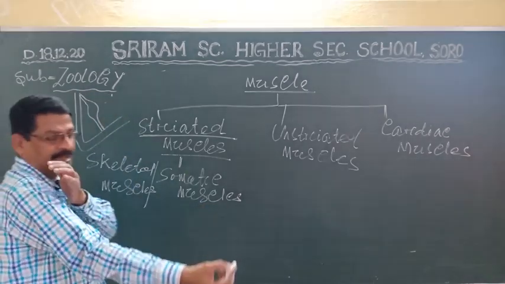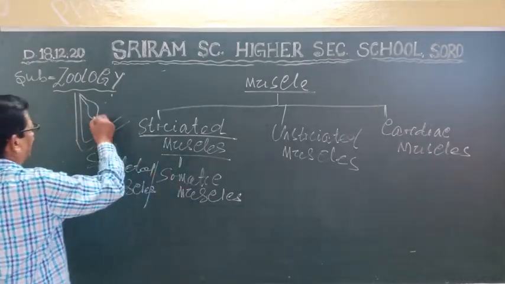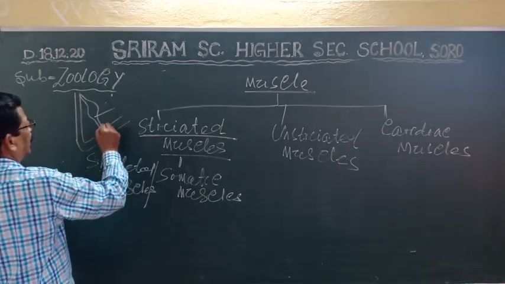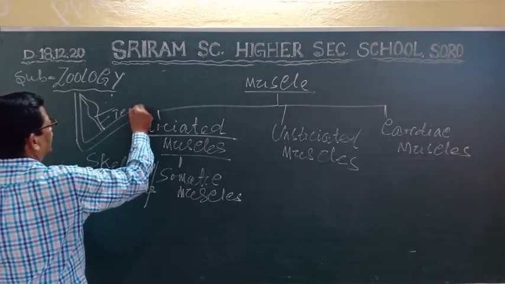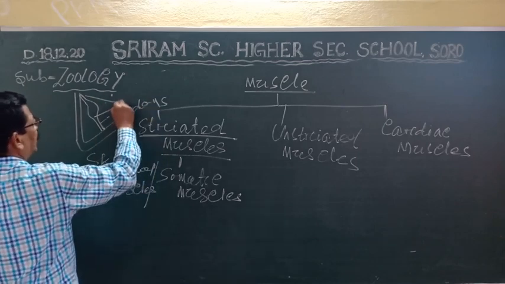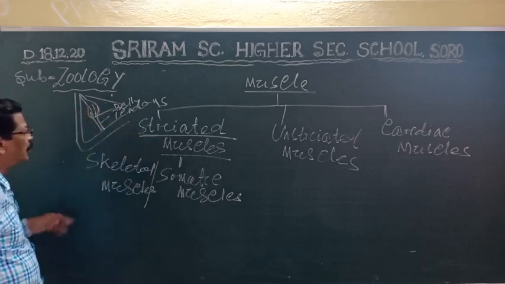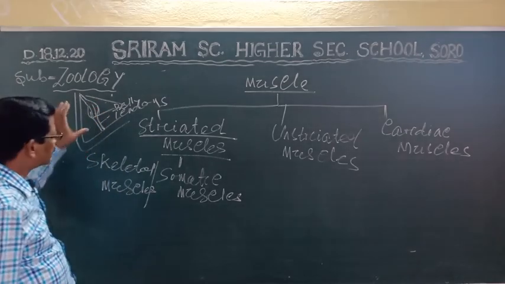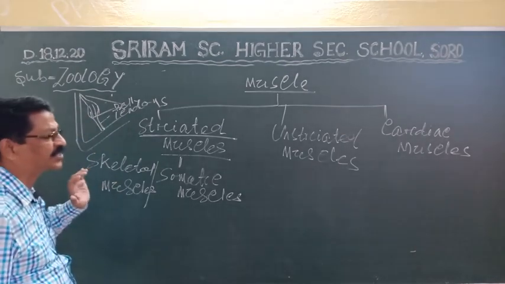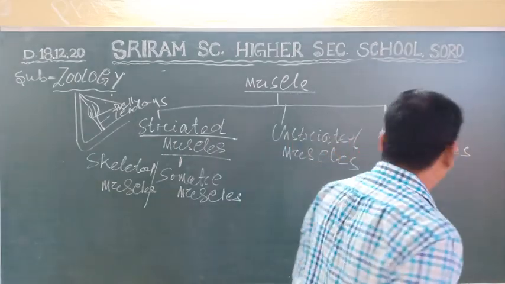These are called tendons, and this is called the belly. So the two ends of the striated muscle are attached to the bones, so it is called skeletal muscle.